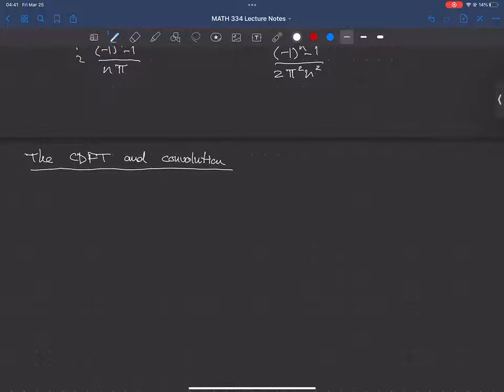So I'm just going to state the condition first for the CDFT of a convolution.